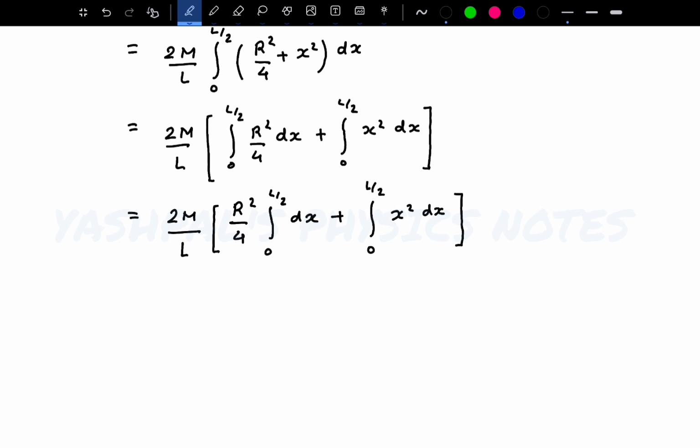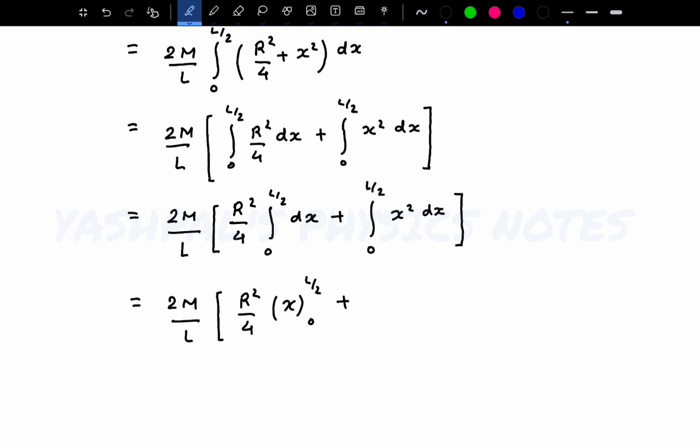Now here we are going to do integration. Twice m upon L, R square by 4. Now integration of dx is x, putting the limits L by 2 and 0.